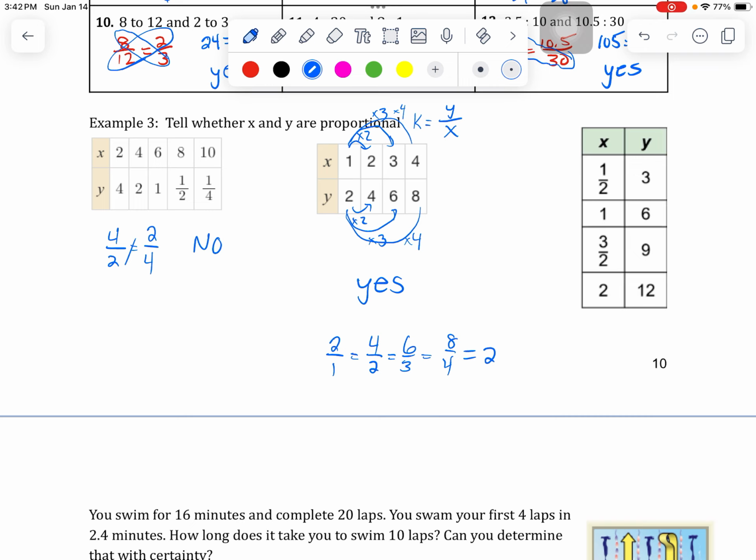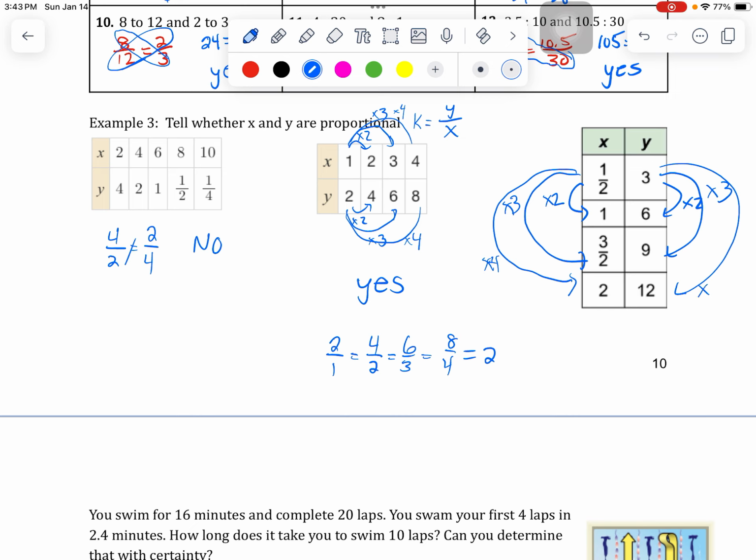And then that last one, same idea. If I looked at my y over x, or going from piece to piece, right? 1/2 to get from 1, I do times 2, which matches on the other side. To get from 1/2 to 3/2, I do times 3, which matches on the other side. And from 1/2 to 2, I have to do times 4, which also matches on the other side.